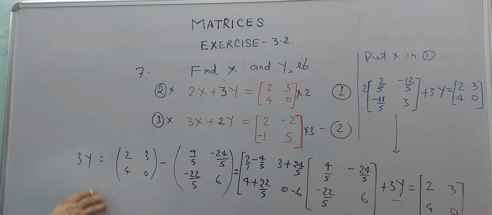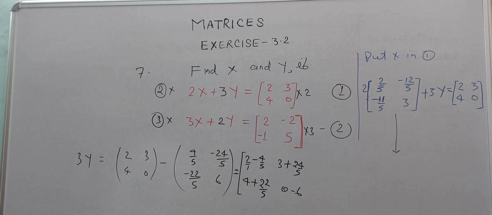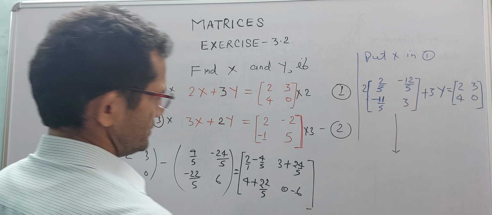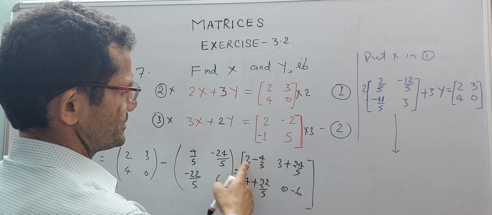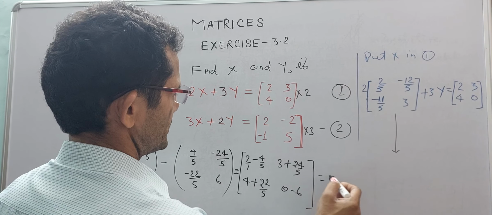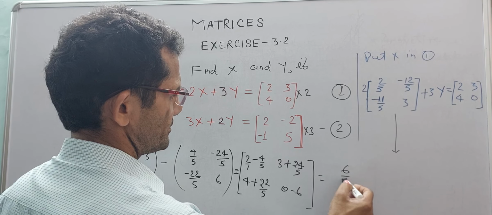Now we have to calculate the value of y. If you simplify, taking 5 as the LCM: 5 into 2, 10 minus 4, 6 divided by 5.